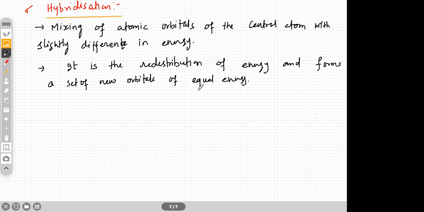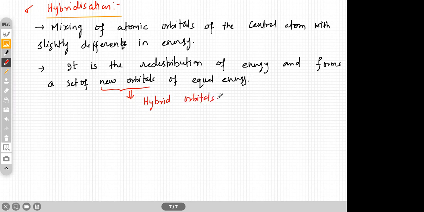Means through hybridization, we get a set of new orbitals of equal energy, which we call hybrid orbitals. So atomic orbitals, and now these are hybrid orbitals.